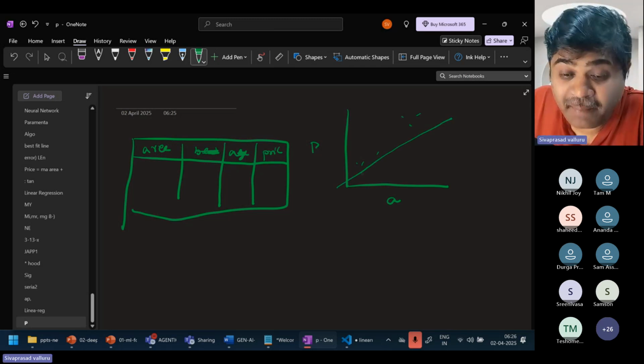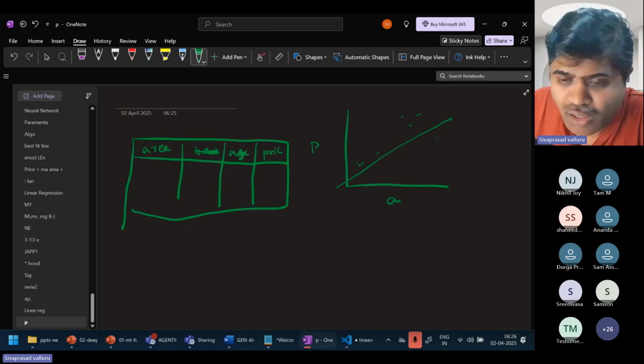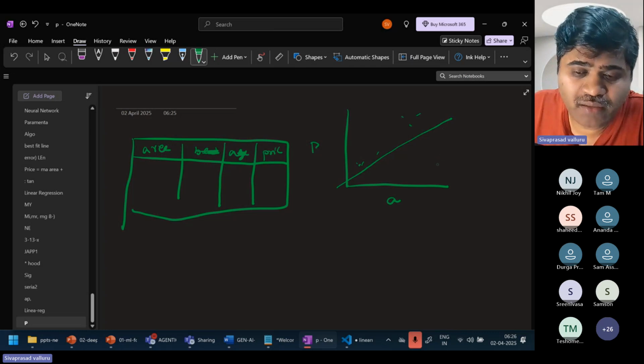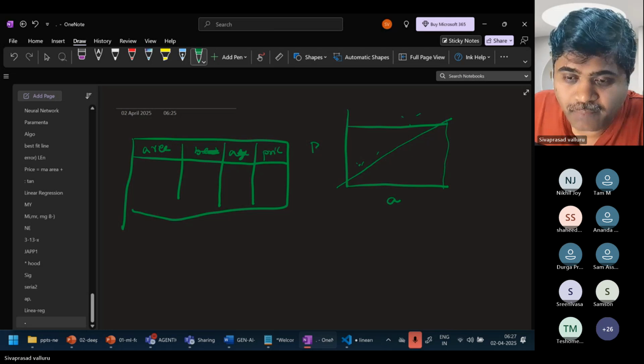Once I get a line, for any given area, I can draw a vertical line and a horizontal line, and then I know the price for that area.